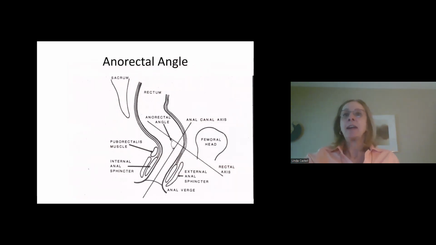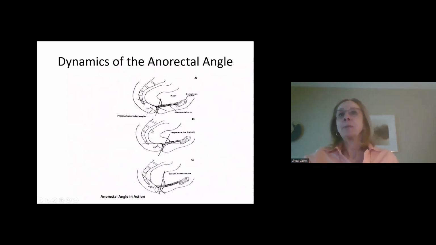So this diagram is really good to show your patients that when you're at rest, we have this anorectal angle that helps prevent the stool from constantly leaking out. The stool has to make a turn here.